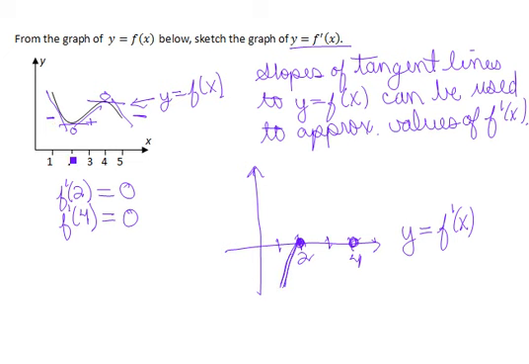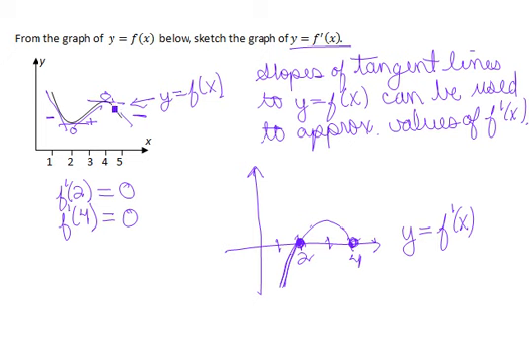Now between 2 and 4, the slope of my tangent line is positive, but notice it starts out small and positive, then gets steeper, and then gets smaller again. So I've got to get back to a horizontal tangent at 4. So my graph has to come above the x-axis to indicate the slopes of tangent lines being positive between 2 and 4. And then past 4, all my slopes are again negative.